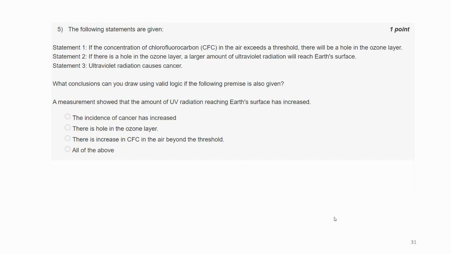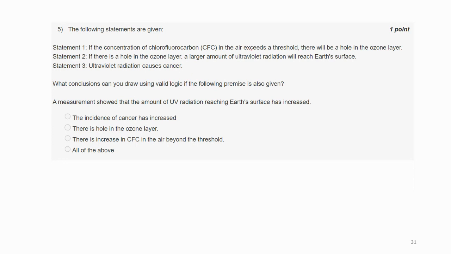What is given is that the premise is a measurement showing the amount of UV radiation reaching Earth's surface has increased.